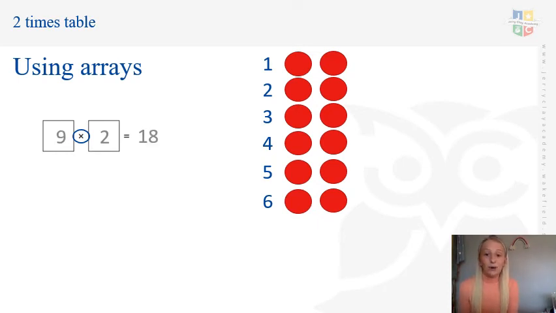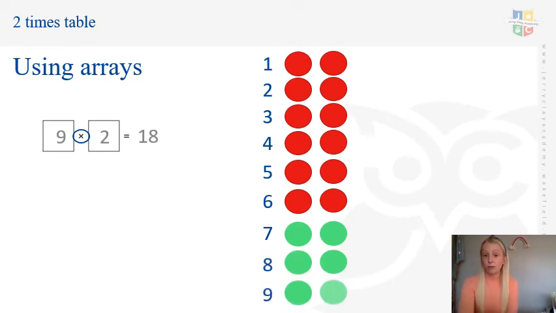Okay, this one is a little bit different. I already know that 9 times 2 equals 18. However, if we look at my array and count my numbers, I've only got 6 groups. So what I need to do is to make 9 groups. So I've got 6 groups, so I need 7 groups, 1, 2 with another 2 in. 8 groups with another 2 in.